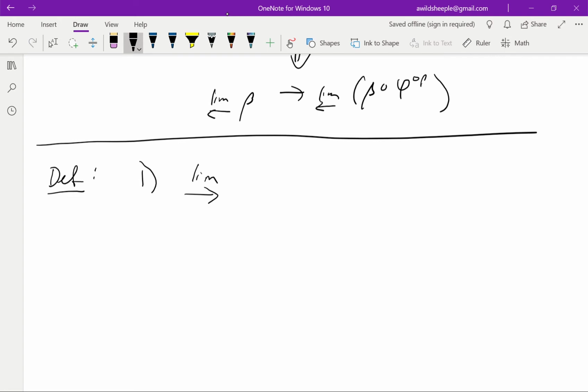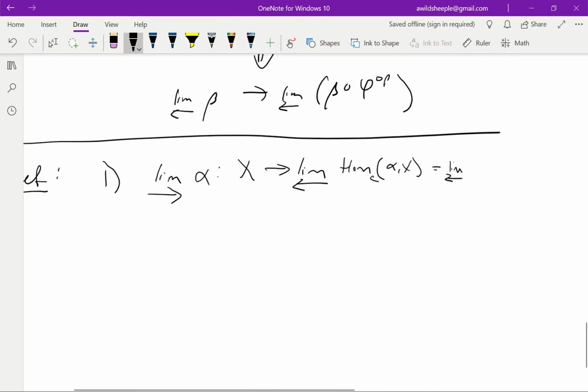The injective limit, we'll write as the forward limit of something α, will be x, and we're going to define it in terms of the projective limit, which will happen in whatever category we're interested in now, of α x, which is the same as the projective limit of h_C(x) composed with α.